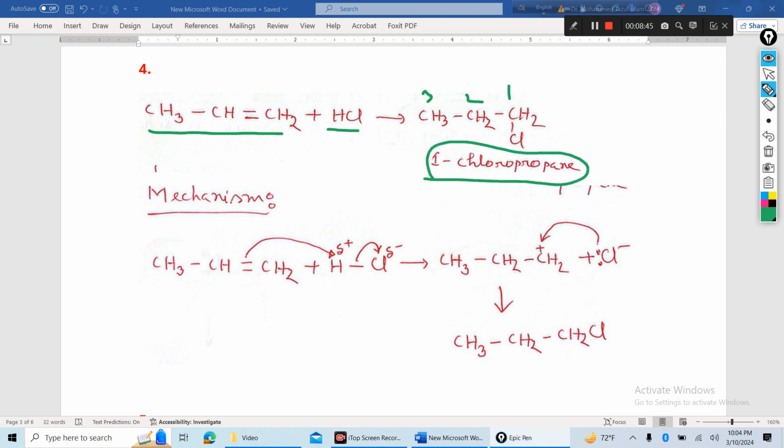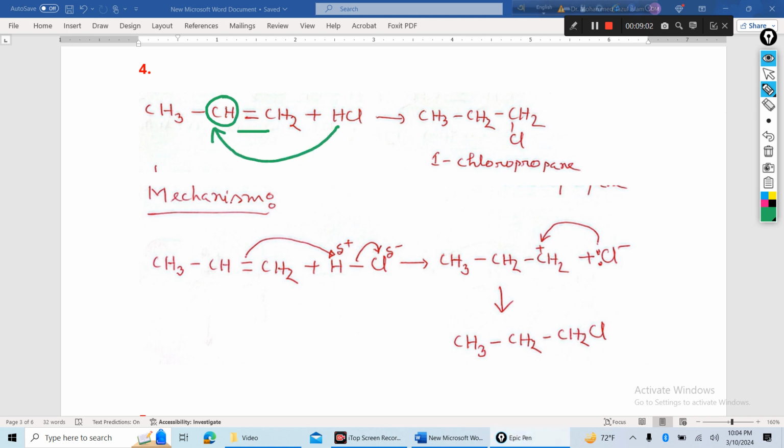This is the minor product according to the Markovnikov rule, because the carbon of the carbon-carbon double bond has fewer hydrogens, so hydrogen will go there, this becomes CH2, and chlorine goes to this carbon, this becomes CH2Cl. This is the minor product according to the Markovnikov rule.